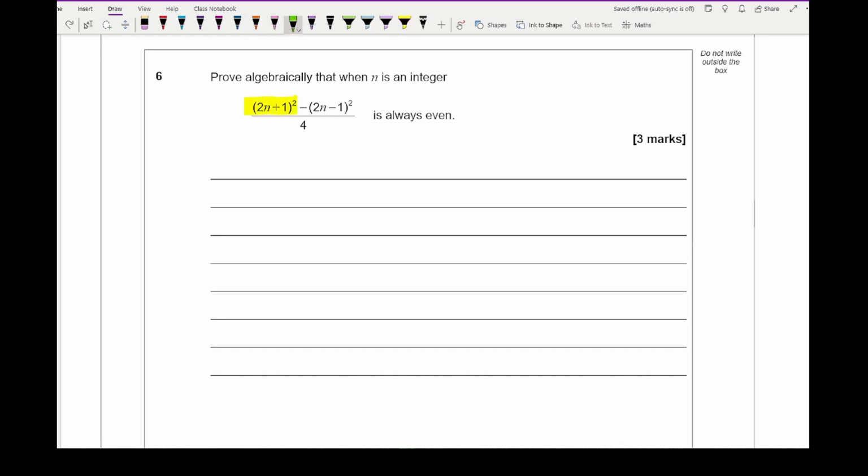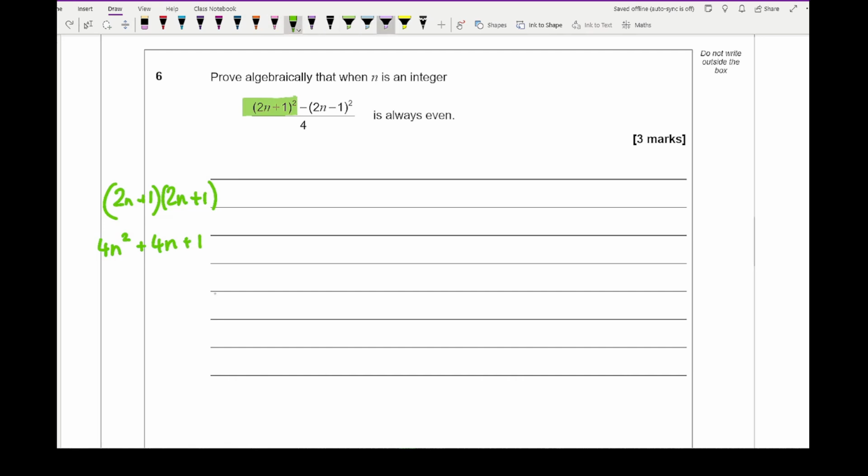Now if I just label this in, let's use a bit of colour coordination. So let's do this in green, that bit there. So I've got 2n plus 1, 2n plus 1. And if I expand that out correctly, I should end up with 4n² plus 4n plus 1.